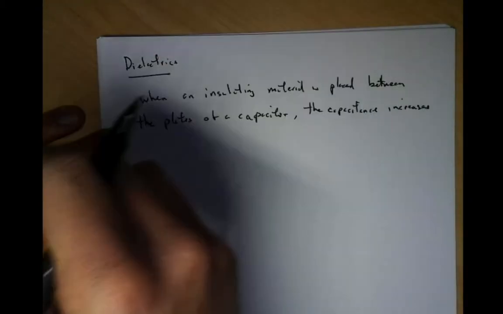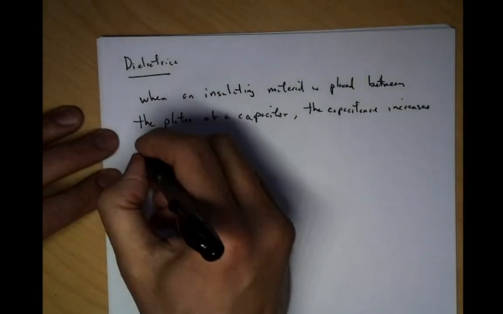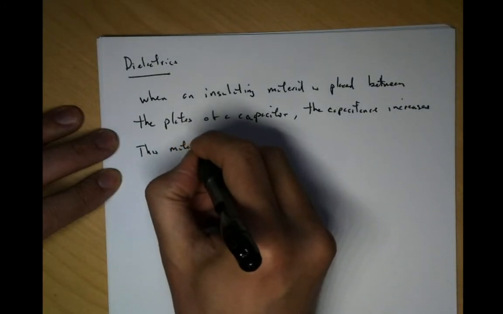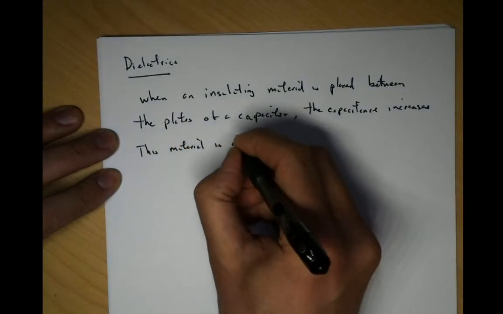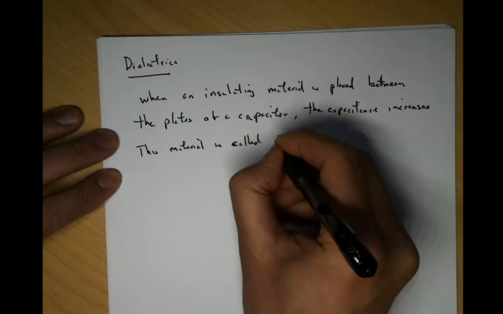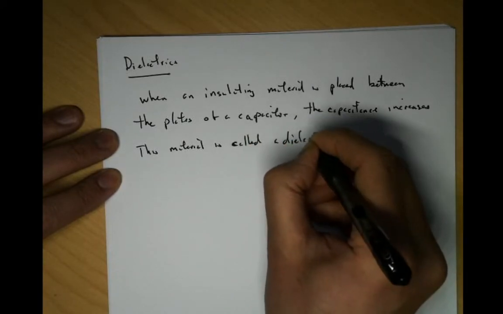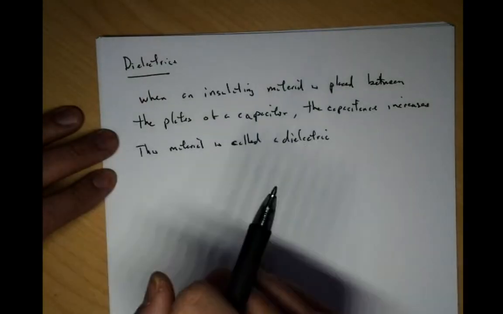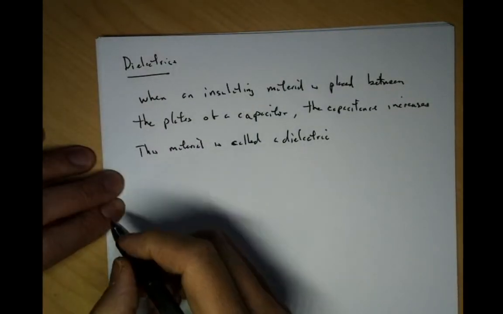It doesn't decrease, it always increases. So this material is called a dielectric. So general statement, all materials are dielectric, it's just that some things are better than others, okay?